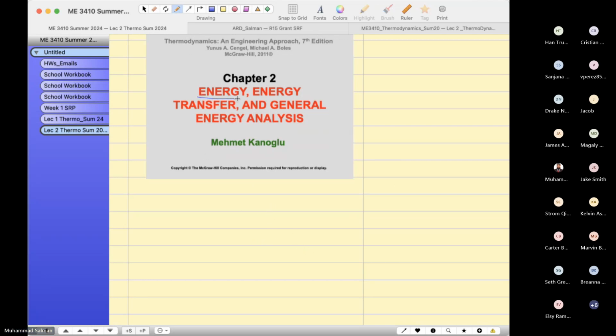Energy. Okay, if you have a mountain and a rock is stationed here at a height h1. What is the potential energy of this rock?